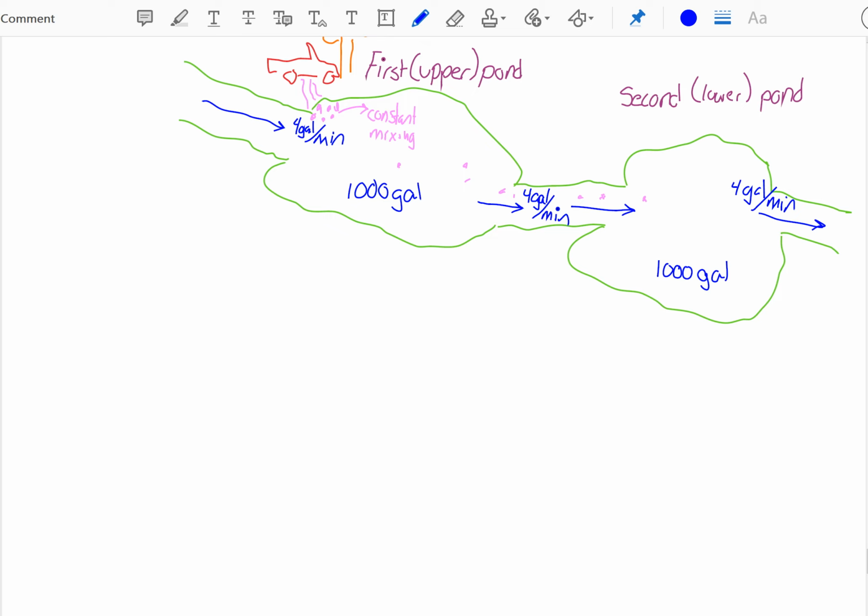So let's start there. Let x of t be the amount of the chemical in the upper pond, and let's say it's measured in pounds.